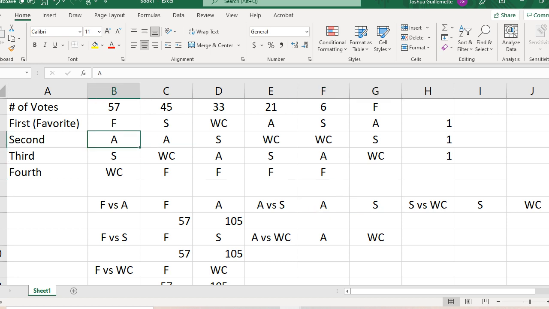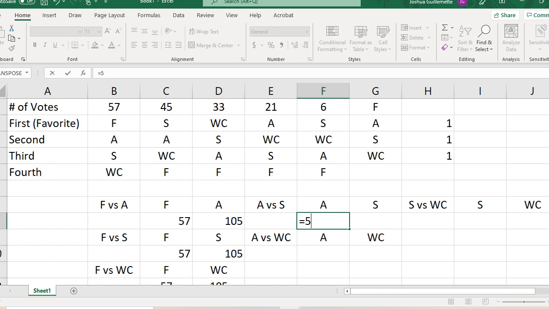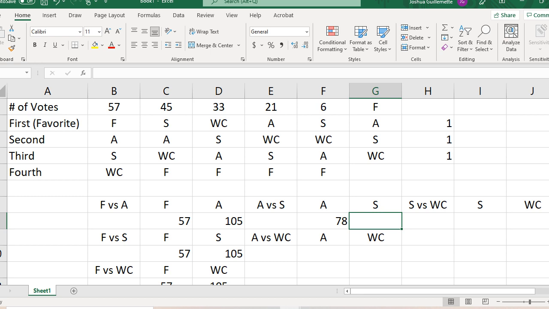Well, I know that Arrow beats Supergirl 57 points, right? Whereas elsewhere, Arrow does not win here. Arrow does not win here. But Arrow does win over Supergirl here. So that's 21 more votes. And not over here, right? So Supergirl... remember, Arrow over Supergirl, but Supergirl over Arrow is 45 votes.